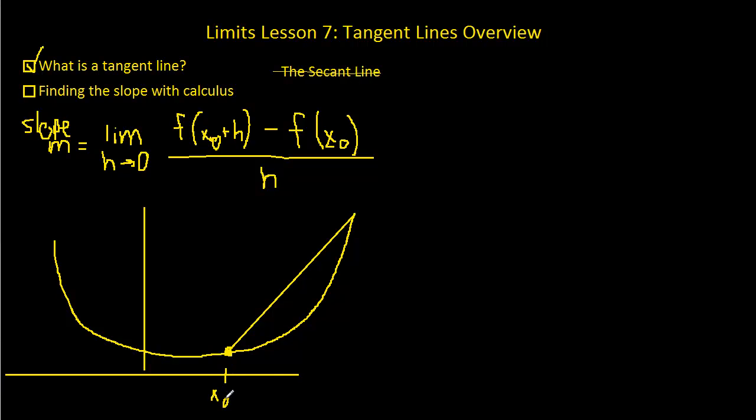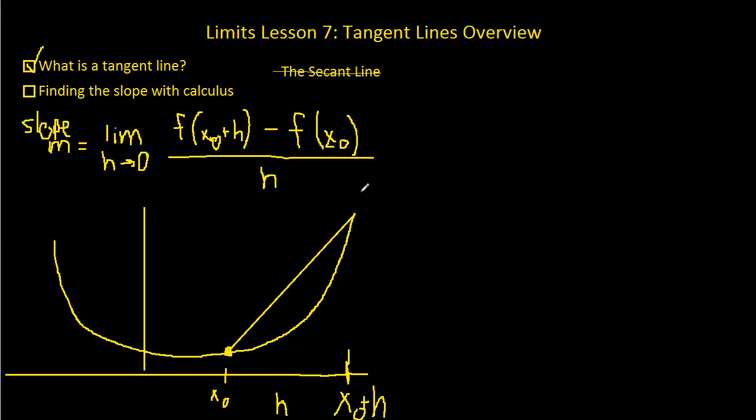And then the second point out here, if we come down, this is x naught plus h. And this distance here is h. So that's what this actually means. Now what we're saying is, this is f of x naught, and this is f of x naught plus h.